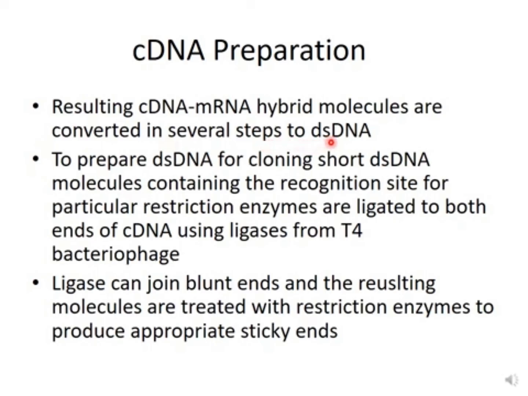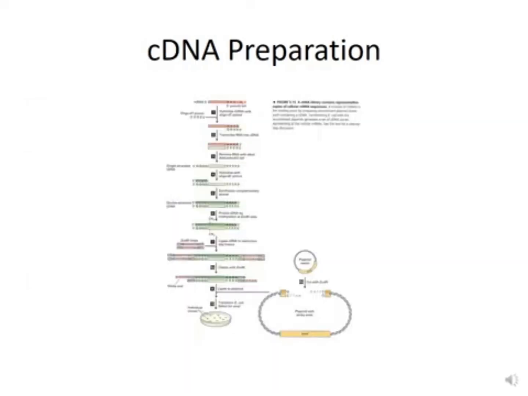To prepare this double-stranded DNA for cloning, short double-stranded DNA molecules containing the recognition site for the restriction enzyme that we know specifically are ligated to both ends of the cDNA using T4 DNA ligase. Ligase, as we mentioned, can join both blunt ends and sticky ends that are treated with different restriction enzymes. So this is the process of cDNA preparation.